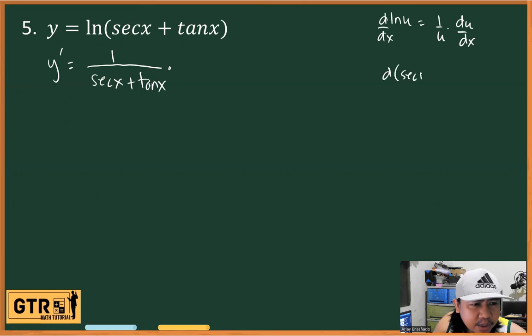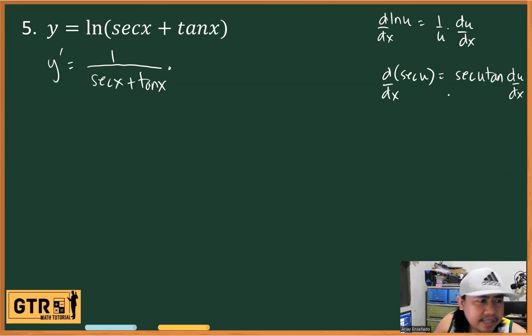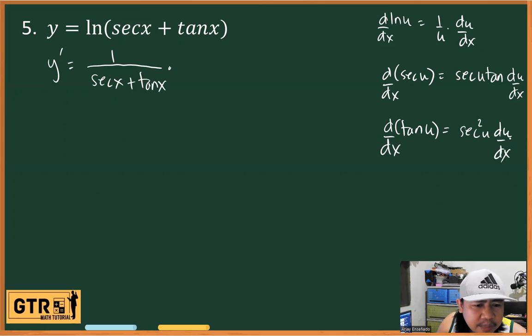The derivative of secant u with respect to x: the direct formula for that is secant u tangent u times the derivative of u with respect to x. And for tangent, the derivative of tangent u with respect to x is equal to secant squared u times the derivative of u with respect to x.